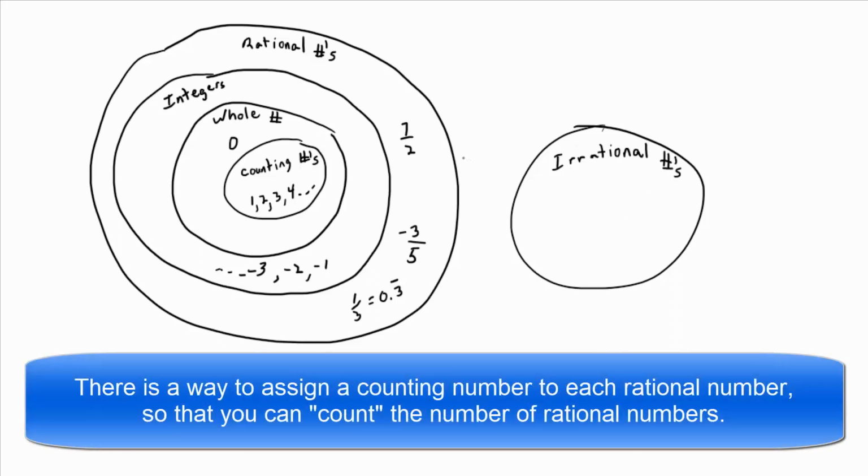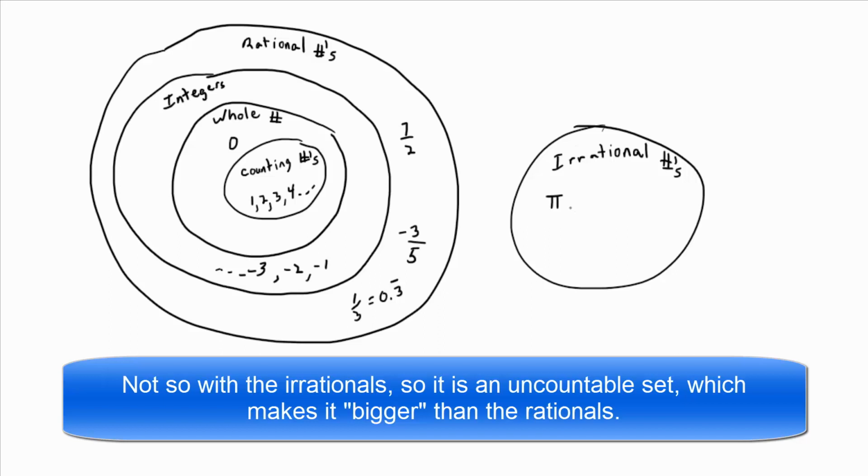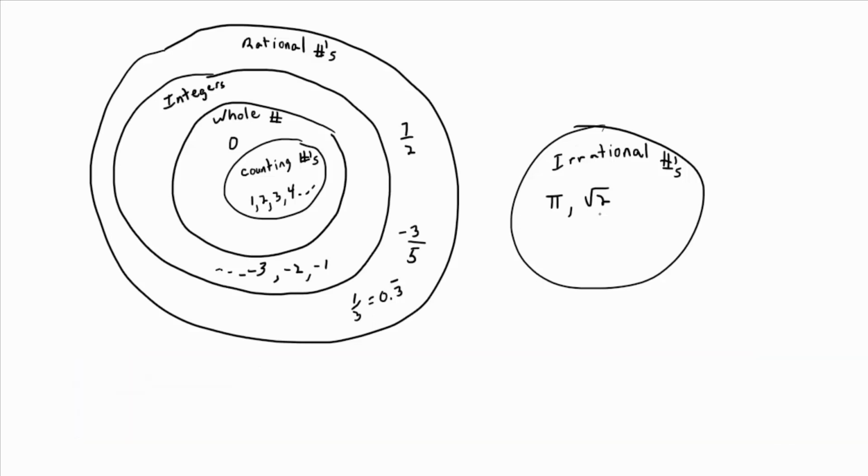What do you like to eat on the 4th of July or Thanksgiving? Pie. Yeah. But also the square root of 2. The square root of any non-perfect square is irrational. So what does it really mean? Well, you can't write it as a fraction with an integer numerator and denominator. It can't be done. So it's irrational as opposed to rational.